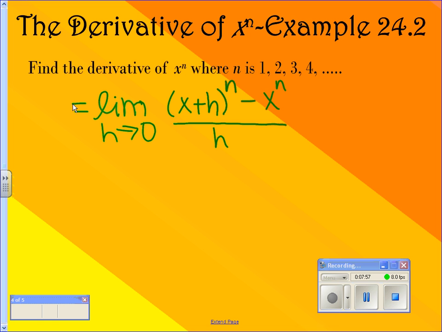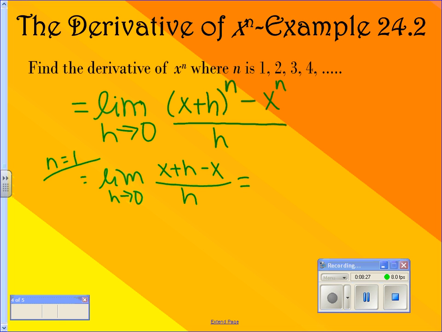Then we're going to do it for n equals 1, 2, 3, and 4. So that's what we're going to start with. If n equals 1, we're going to have the limit as h goes to 0. What is going to be our numerator? If that's a 1, you really don't need the parentheses. And then x to the 1 is just x, right? All over h.